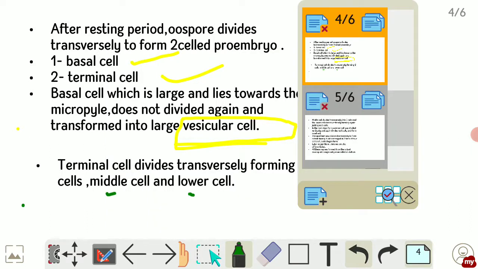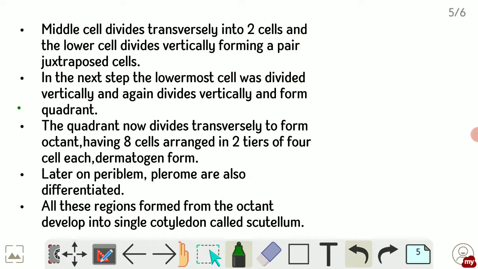Next, the middle cell divides transversely into two cells, and the lower cell divides vertically forming a pair of juxtaposed cells. In the next step, the lowermost cell divides vertically and again divides vertically and forms the quadrant. Quadrant means four cells.